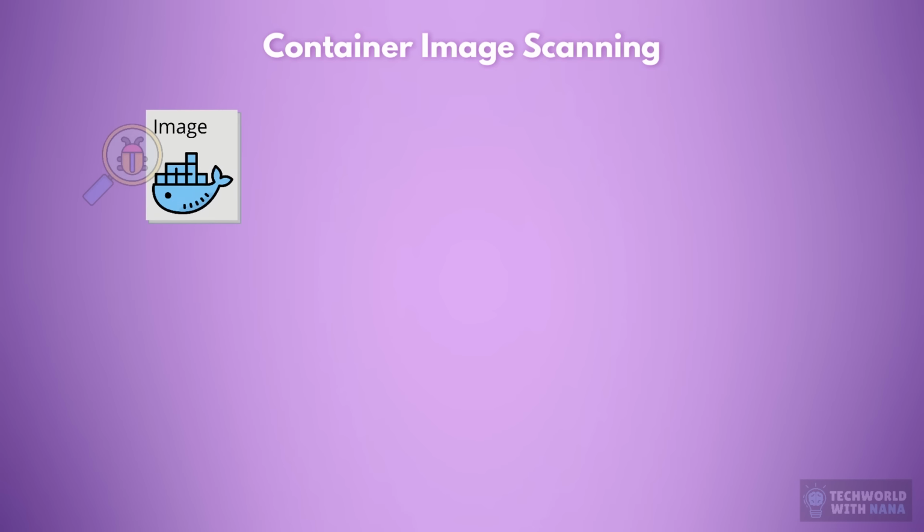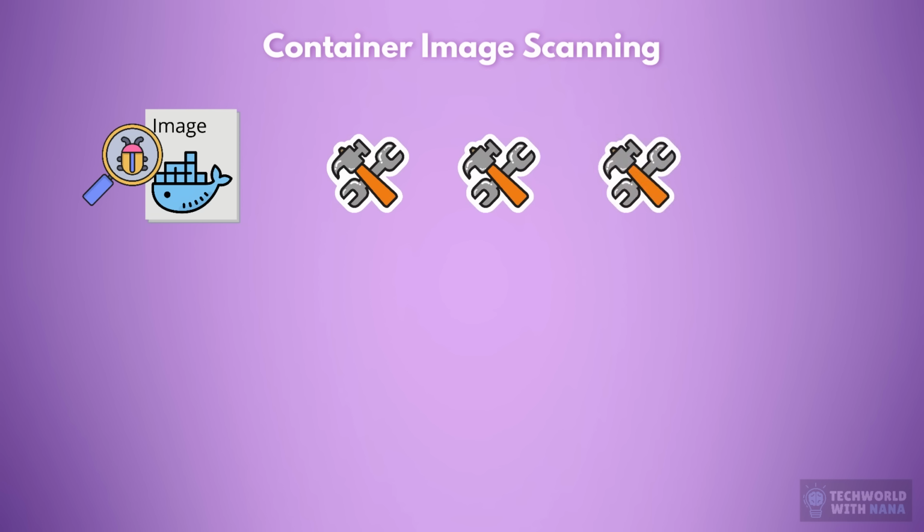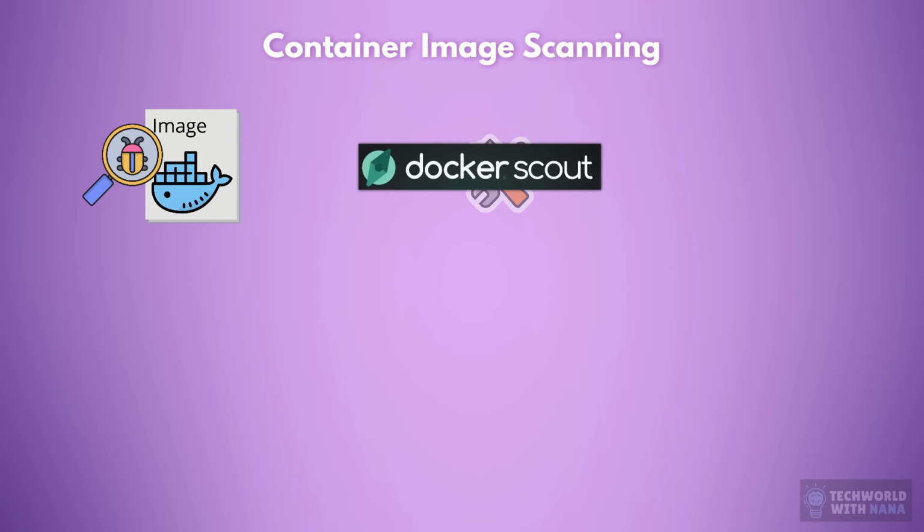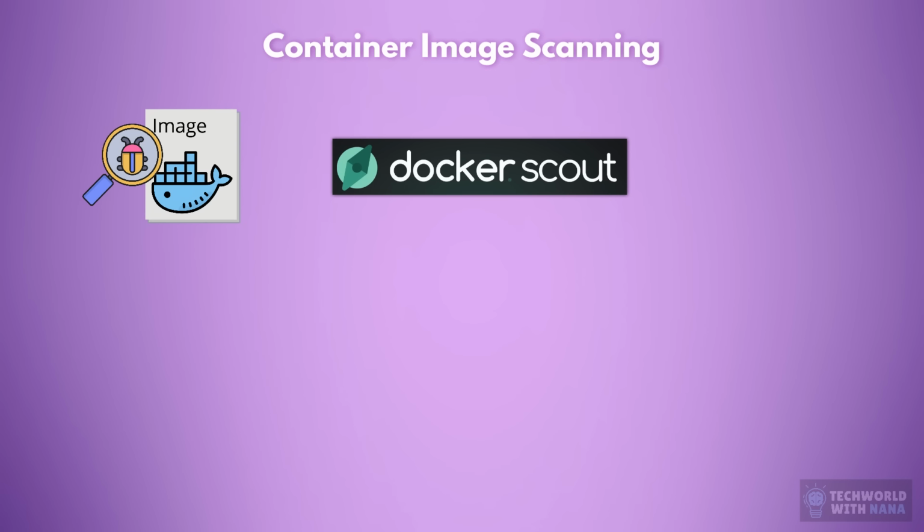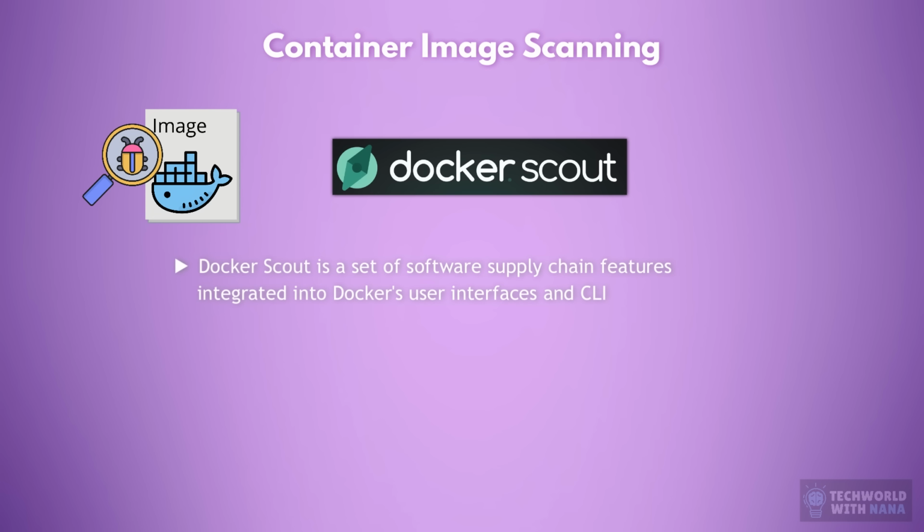And the same way, we want to scan the image to understand how secure the Docker image that we are building for our application is. And we have various tools for scanning Docker images. And in this demo, I actually chose a Docker native tool that is part of Docker itself, called Docker Scout, that goes through the image layers and scans for security issues.